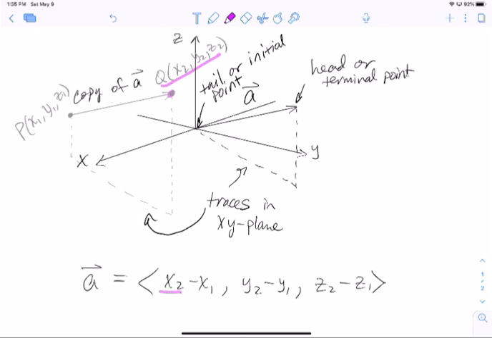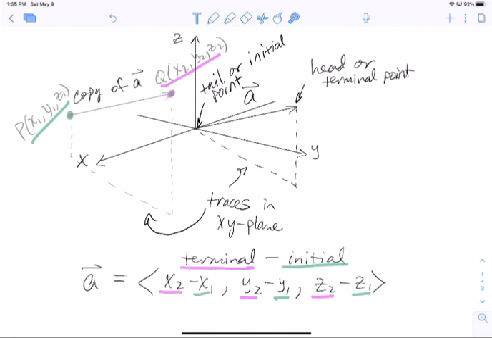We have the terminal point coordinates minus the initial point coordinates. If we were to reverse the order of those, we would end up with a vector that points in the opposite direction, which would then not be a.